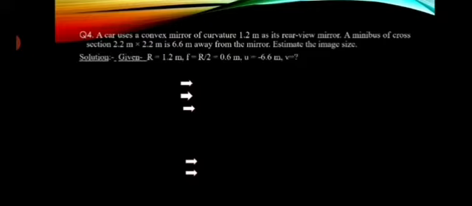So r is given as 1.2, from which we will find out the focal length, which is 0.6 meter. The object distance is 6.6 meter. As it is towards the left side of the mirror, it is considered as negative. Now we find the image distance by the formula 1 upon f is equal to 1 upon u plus 1 upon v.